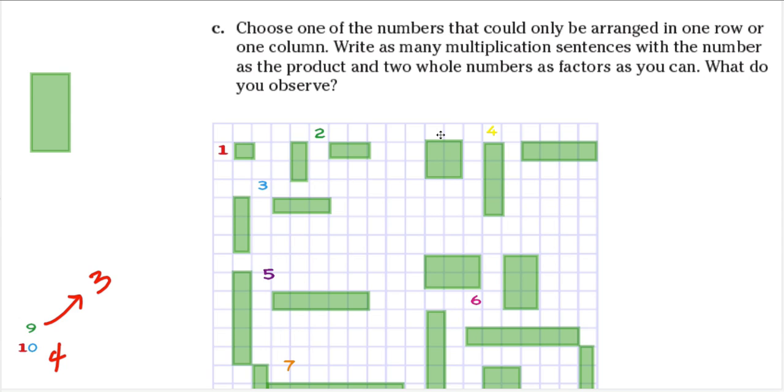Okay, so what it's saying is this: if I choose the number 2, which can only be arranged in one row or one column, how many multiplication sentences with the number as a product, and two whole number factors can we do?